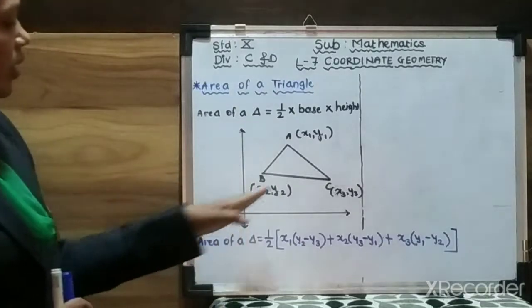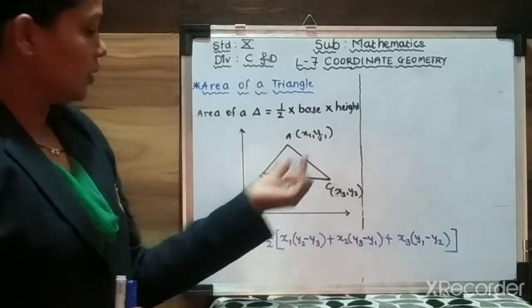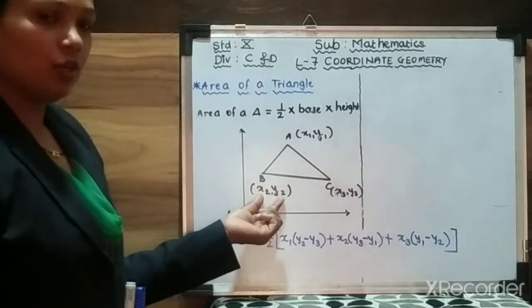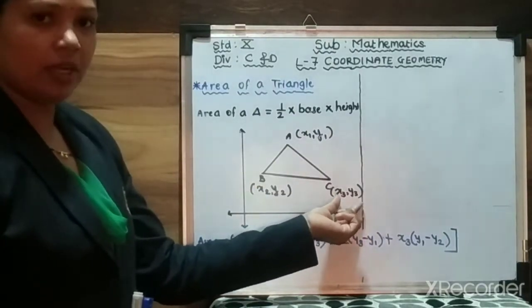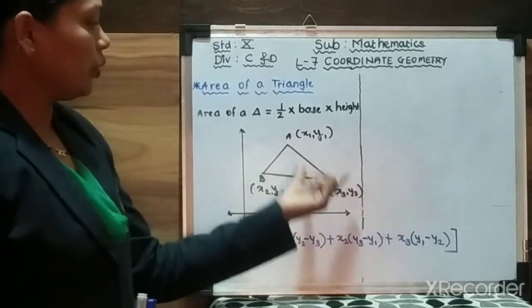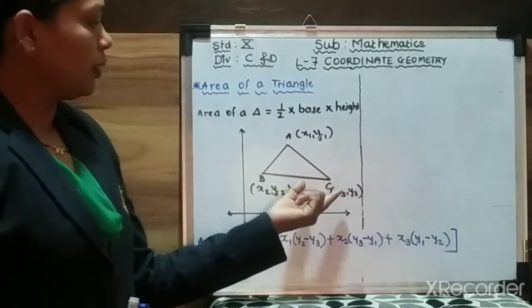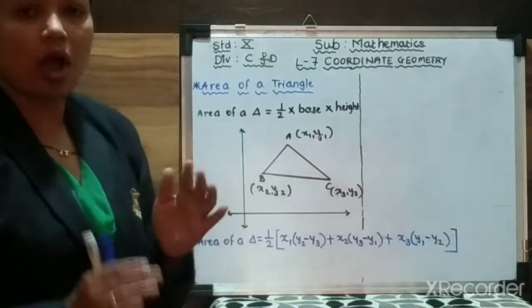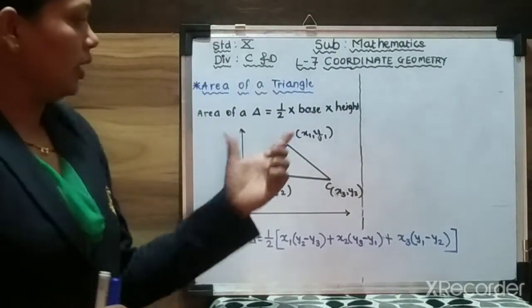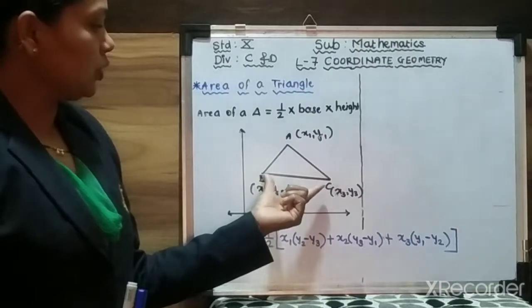Suppose this is a triangle whose coordinates are x1, y1, then point B having x2, y2 and C is x3, y3. These coordinates are given. Now we are going to find the area of the triangle. As we know, the area of a triangle is equal to half into base into height, right? But the base we don't know here.